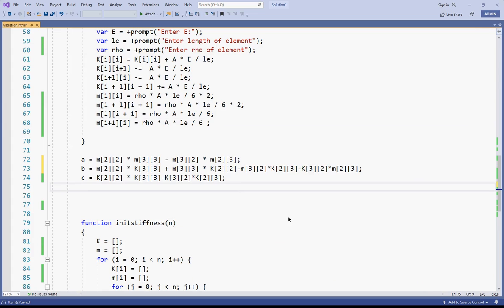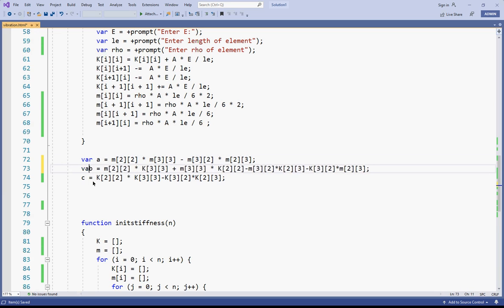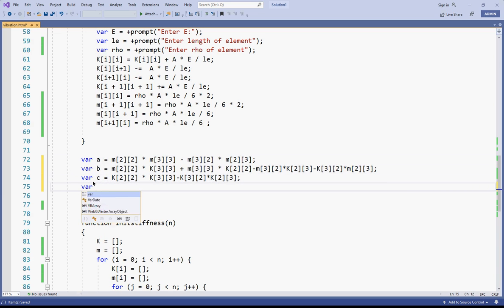Now it's time to get the lambda. I need to write var A, var B, var C. Okay, so var lambda 1.